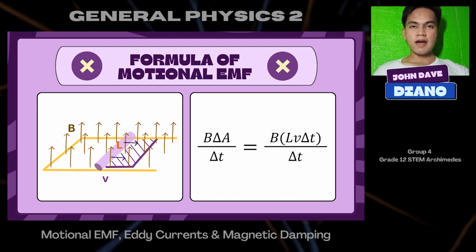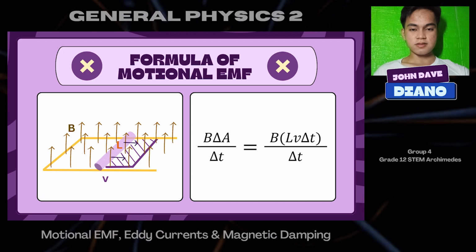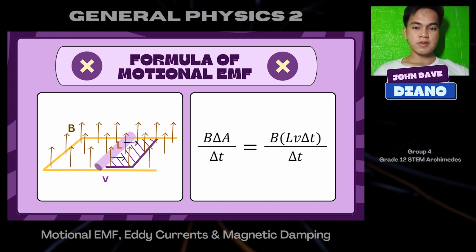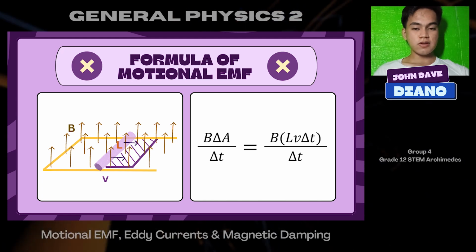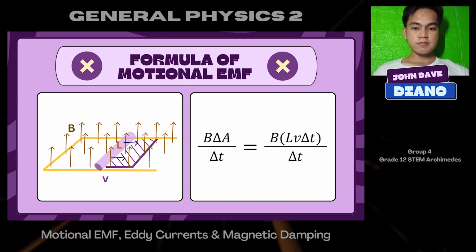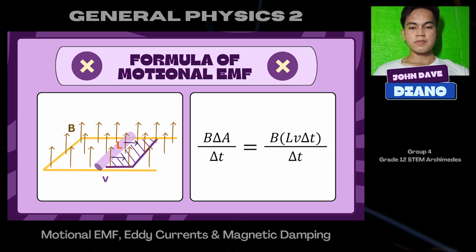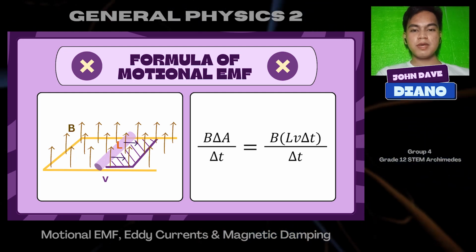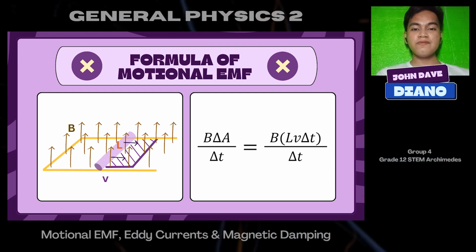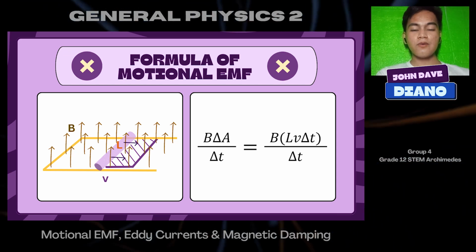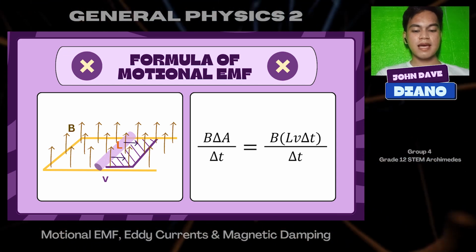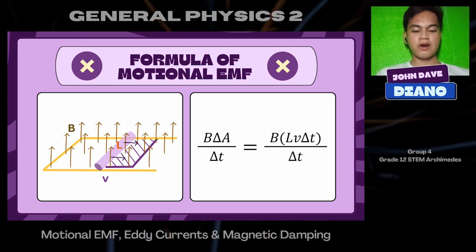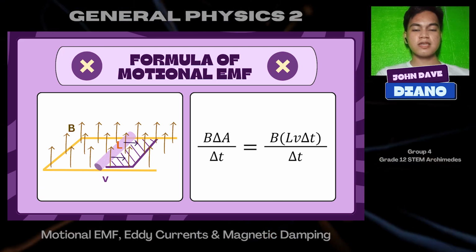And now we have to know how to get the distance. In order to get the distance, we have to multiply the magnitude of the velocity, which is given, times the change in time. Thus, the change in area will be the length of the moving rod, or the L, within that magnetic field times the magnitude of the velocity of the moving rod, over how much time goes by.